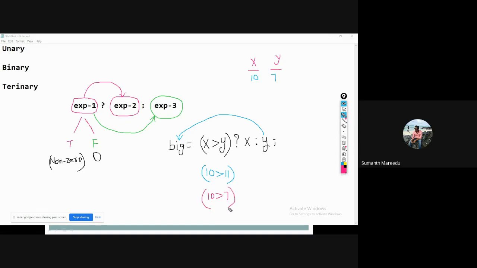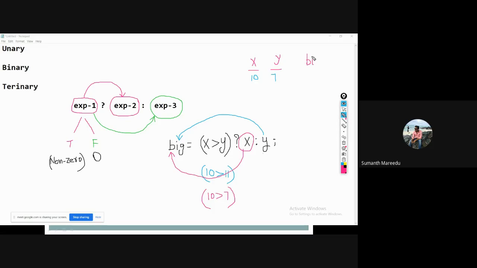Is this condition true or false? True. So when it is true, it will consider expression 2, and that will be assigned to big.